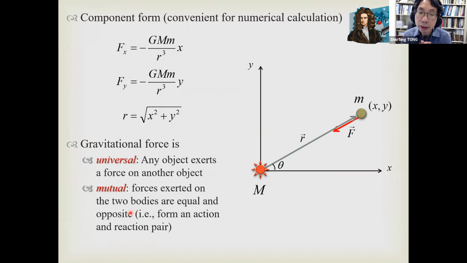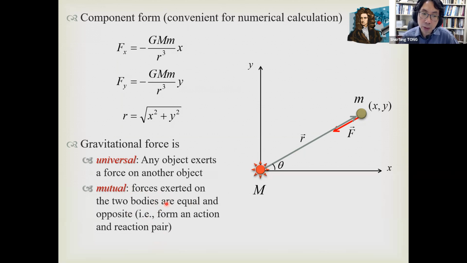Now the gravitational force is universal. What is meant by universal is that any object exerts a force on another object. Any object that has a mass exerts a force on another body which also has a mass. So massive bodies exert gravitational force on each other, and that's mutual. What is meant by mutual?